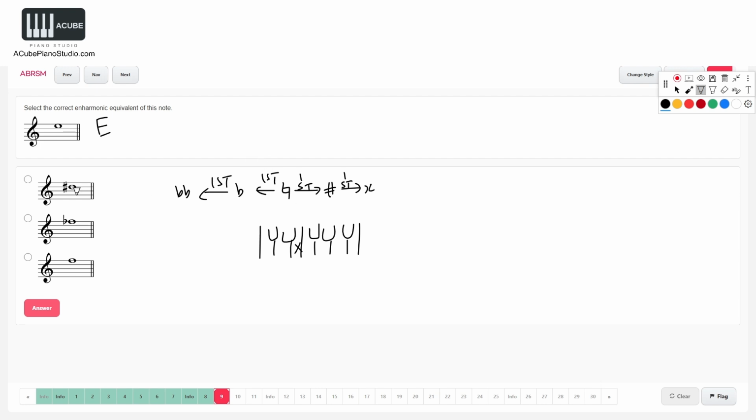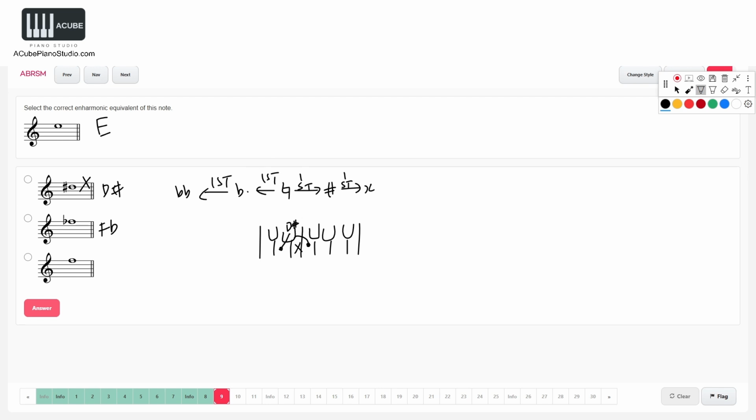Okay, so now coming back, this is D sharp, right? So this is D, and sharp is one semitone higher. So it is not the same as E, so they are not enharmonic. So this is out. Next, this is F flat. So this is F. Flat means one semitone lower.